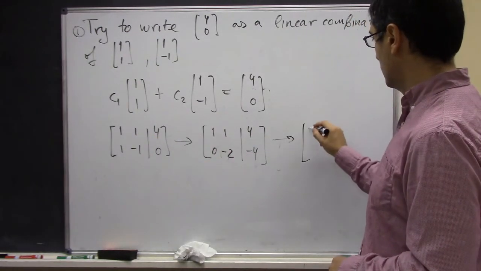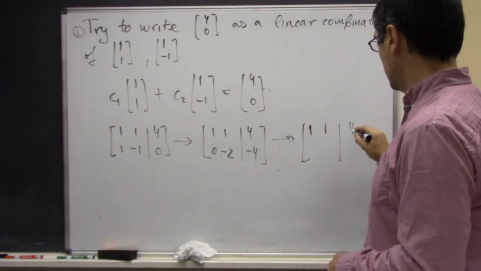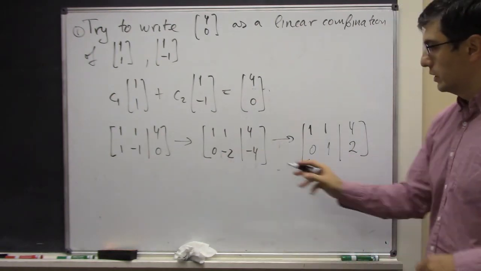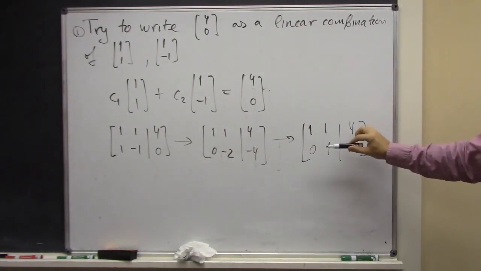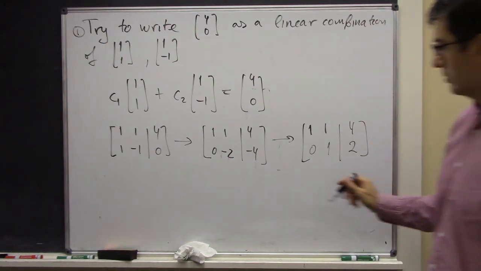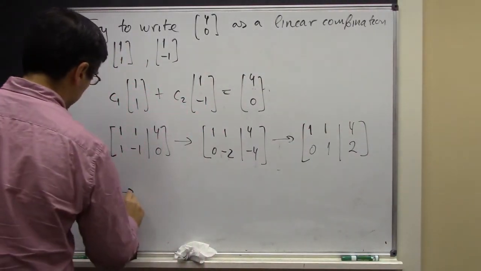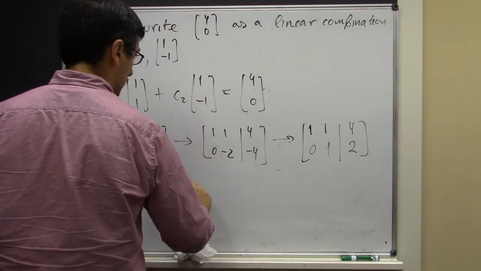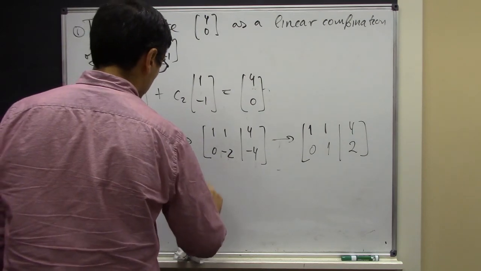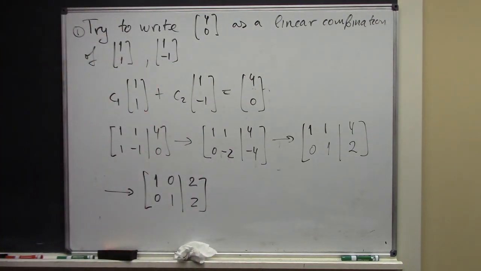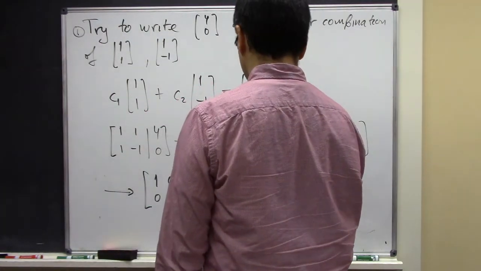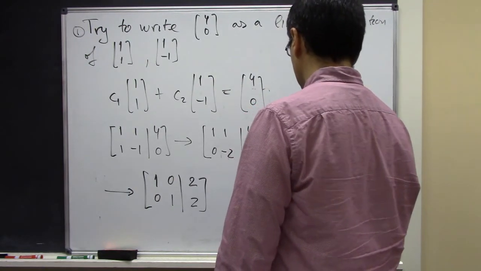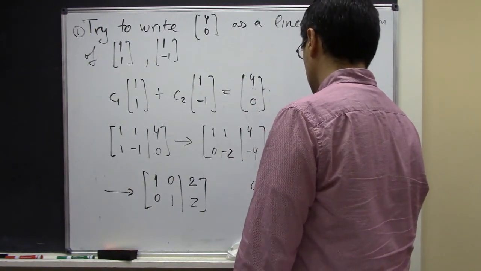This goes to 1 1 4, 0 1 2 after I scale. And now I subtract the second row from the first row to get the reduced echelon form: 1 0 2, 0 1 2. So c1 is 2 and c2 is also 2.